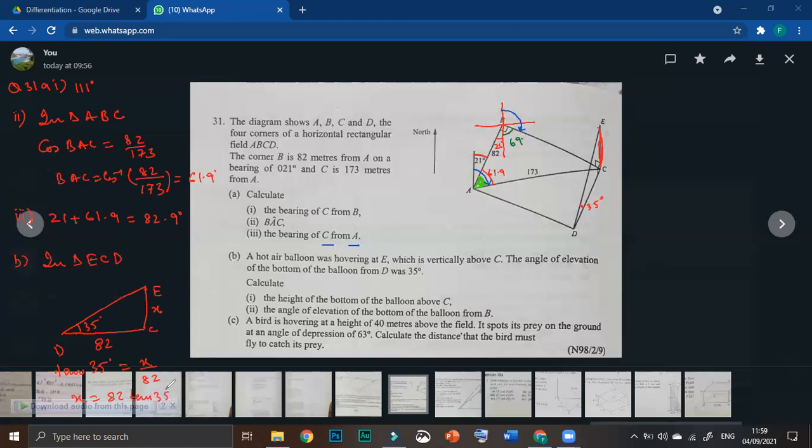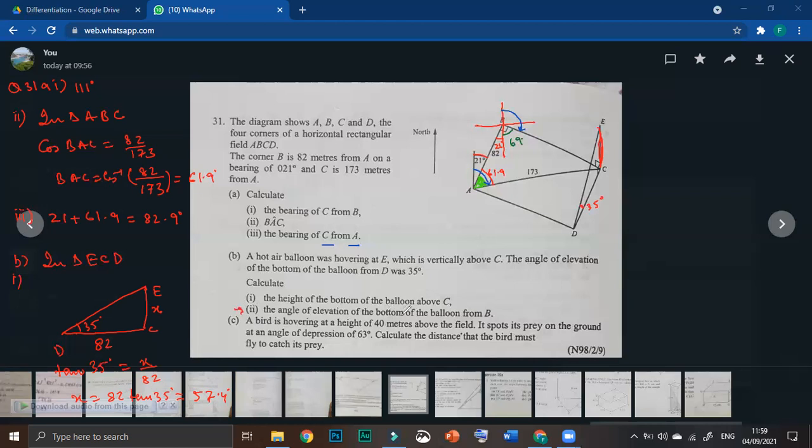What is the final answer? What is the height of the balloon above C? 57.4.